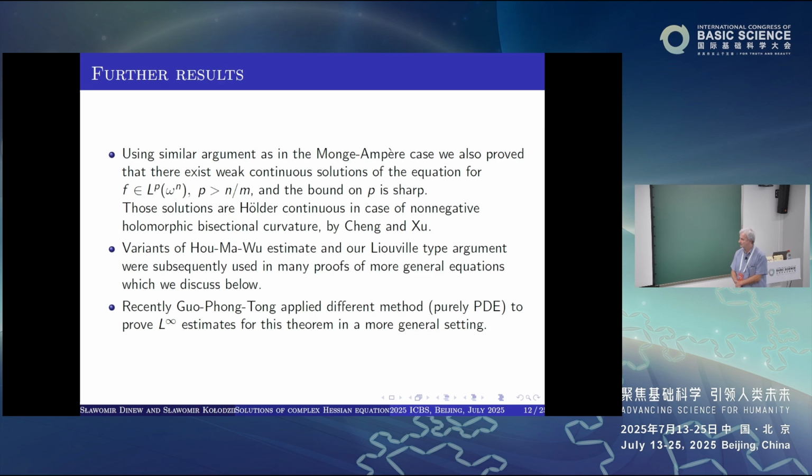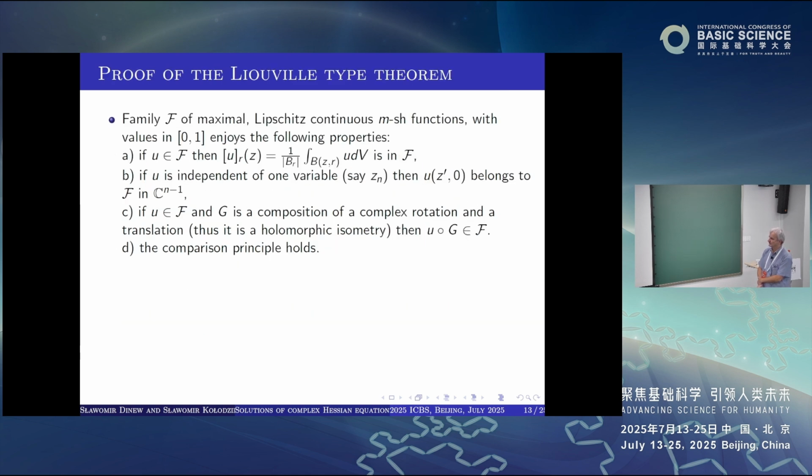Recently, Guofeng and Tong applied different methods to get L infinity estimates in this setting. So in particular, you could prove this part using this different method. Okay, so now I'm going to sketch the proof of this Liouville type theorem.